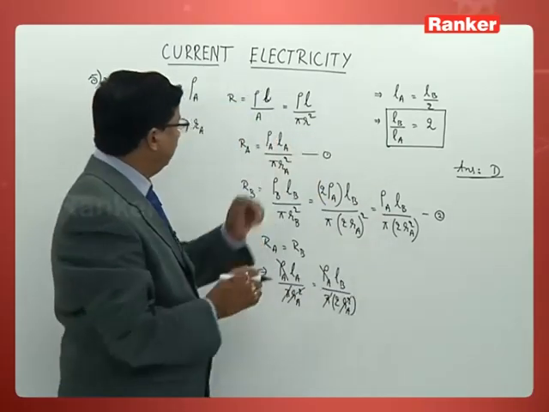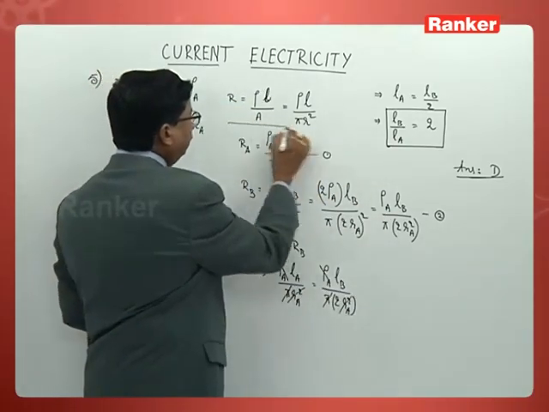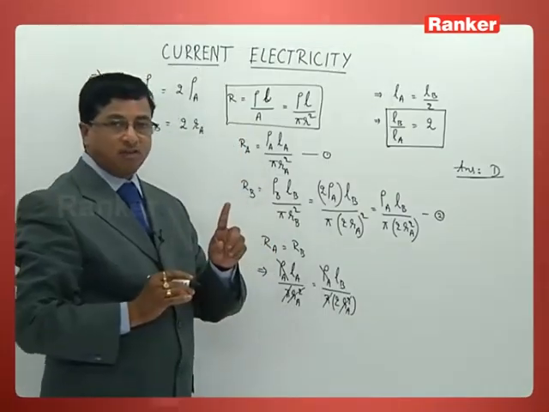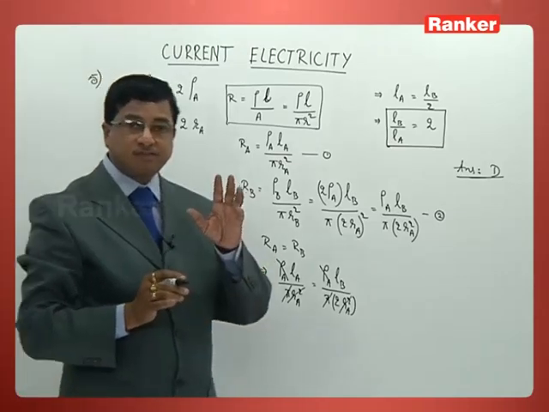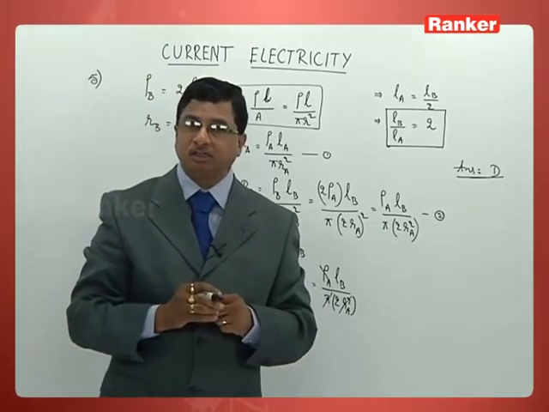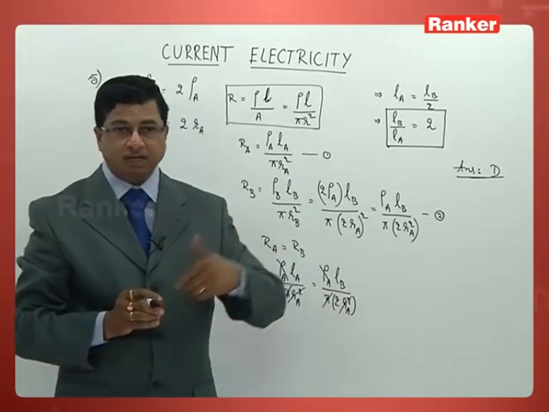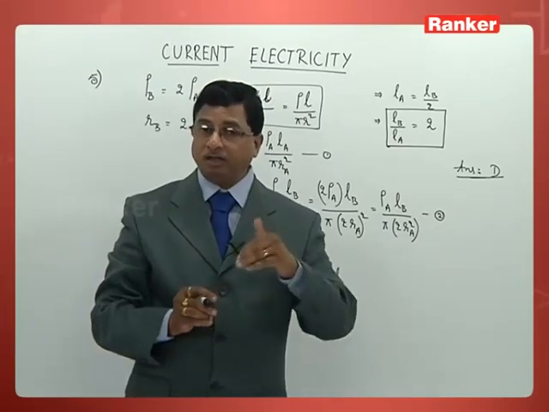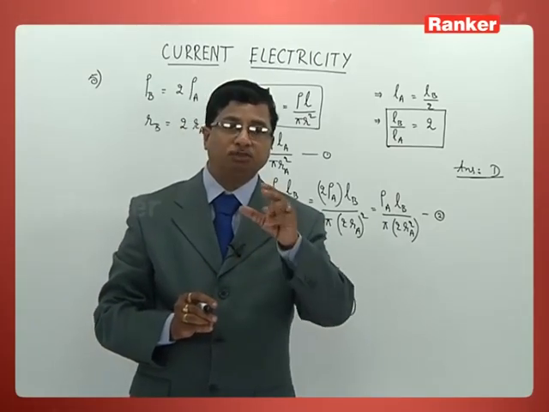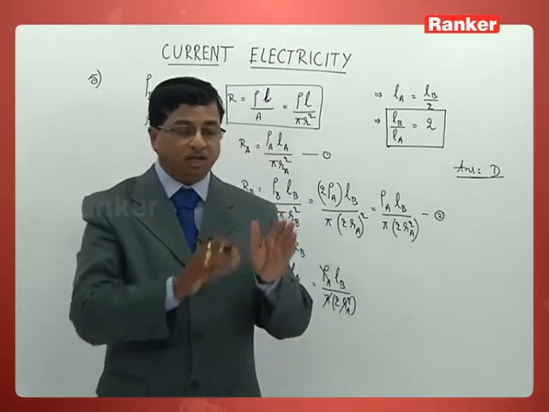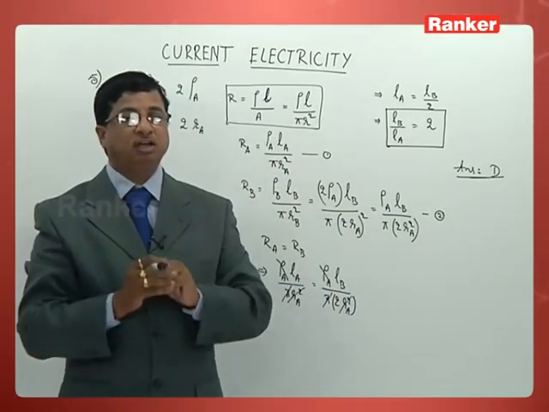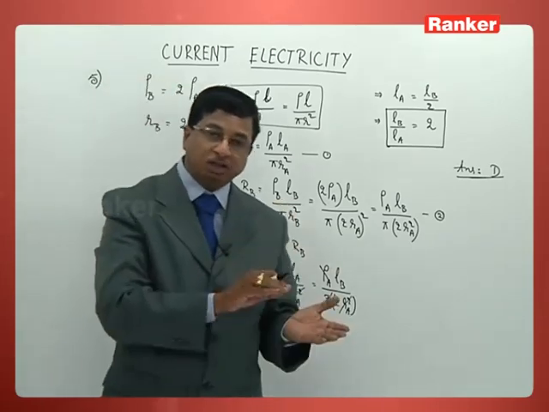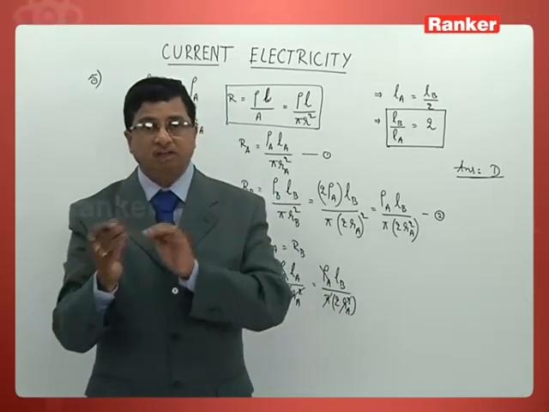I once again repeat, the value of resistance is nothing other than rho L by A. Rho is specific resistance or resistivity of the material of the conductor. L means the length of the conductor, A is the area of cross section of the conductor. Another important point to be noted from this problem is whenever the diameter is twice that of the other diameter, if he gives that, then it is understood the radius is also equal to twice the radius.